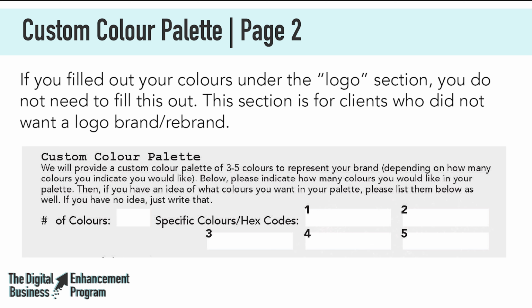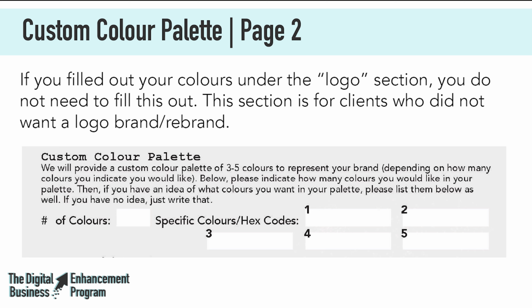This is the actual brand color palette that we are creating for you. It may seem like repeated information, but some clients opt in for just a color palette and a typeset, not for the logo because they may already have that. So if you haven't filled out the color information in the previous section, this is where you're going to do that.